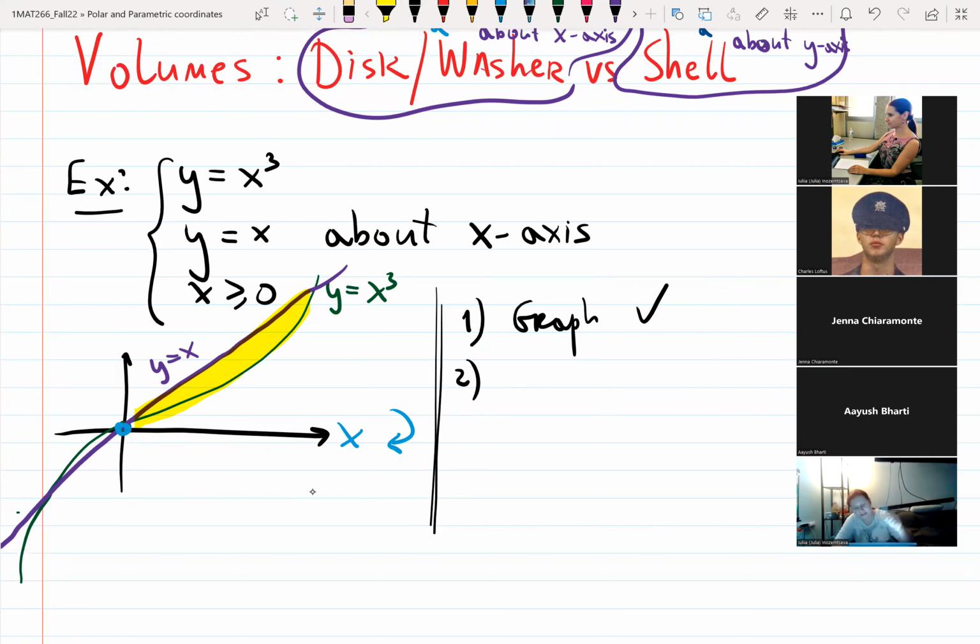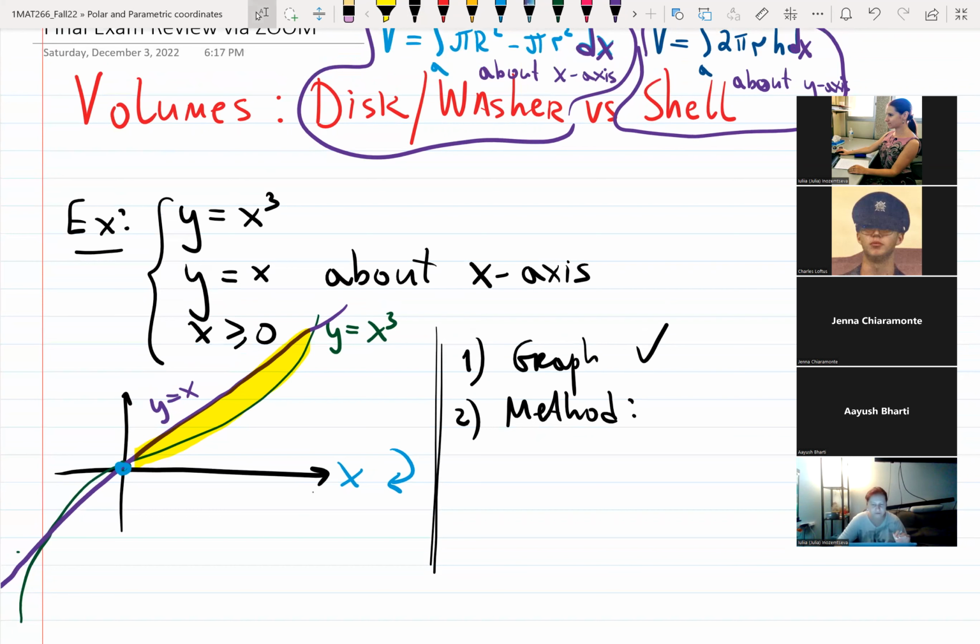Step 2, choose the case. No, choose the method first and then the case. The method: if you want to do disk, washer, or shell. Disk has to be filled in, so solid. Washer is hollow or empty. Washer can have something inside.